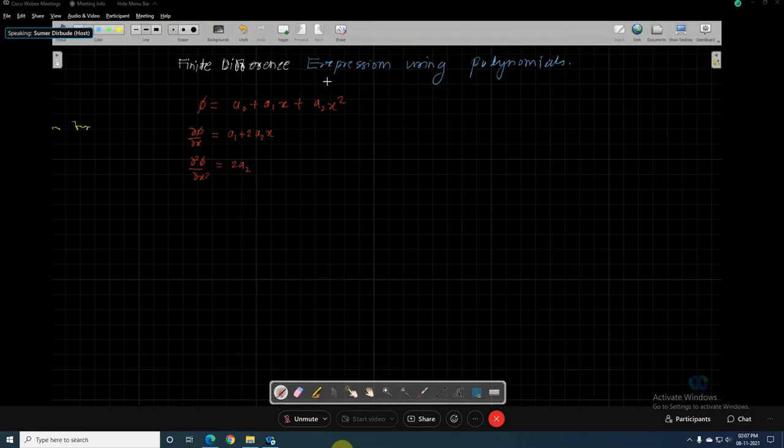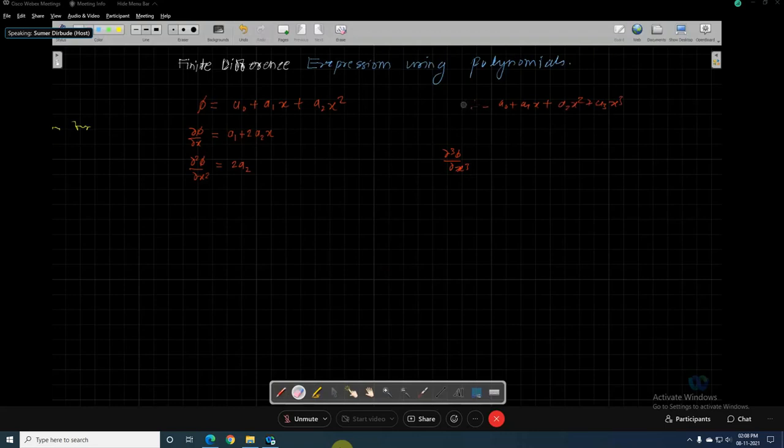So if you want a finite difference expression for del phi by del x or del 2 phi by del x2, you should have a naught plus a1 x plus a2 x square. Suppose you want del 3 phi by del x cube. Now you do not have any term, so basically you will have to use a higher order polynomial. You understand this, okay? Then only this derivative is possible.